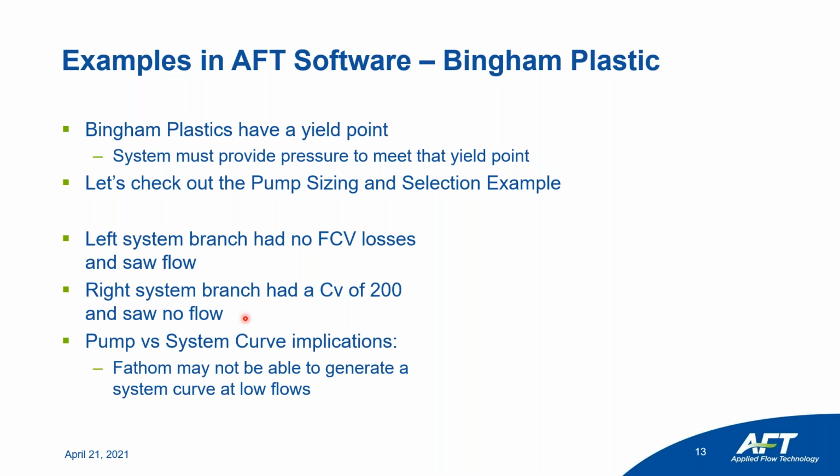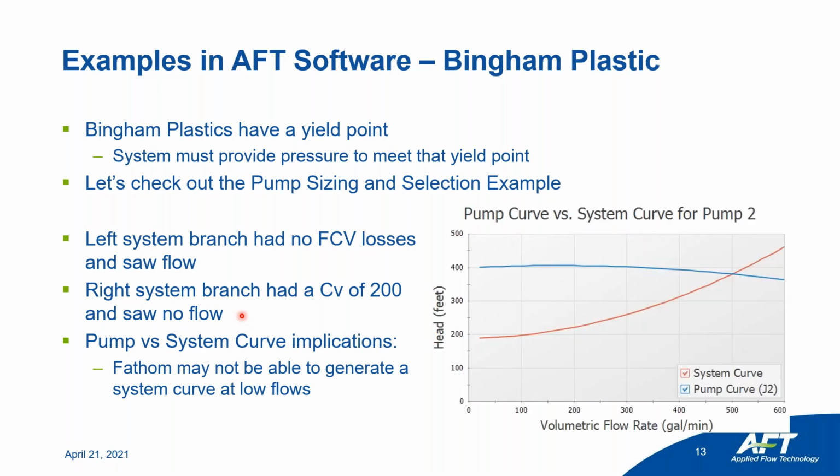Now, as a refresher for those of you who might be unfamiliar with pump system curves in Fathom, a pump system curve is going to look, for example, like this. Here's our pump curve, here's our system curve, and we can see that as our volumetric flow rate lowers, the head loss in our system decreases. Now, Fathom has no way of knowing this system curve like it knows this pump curve.